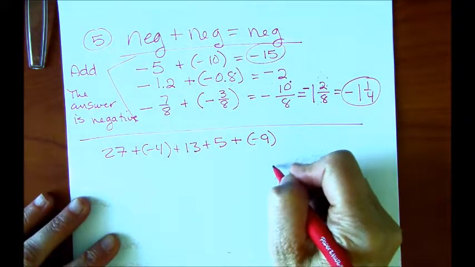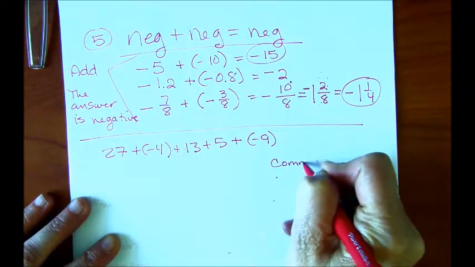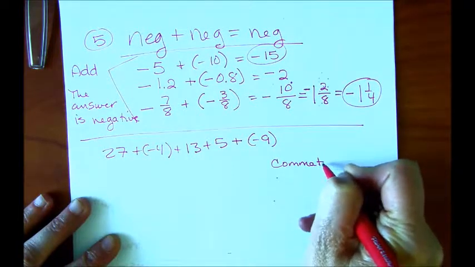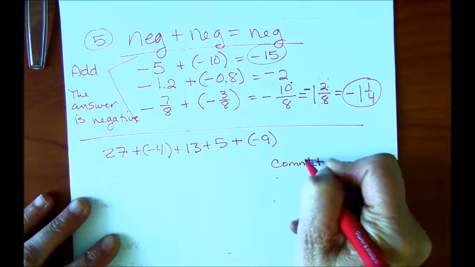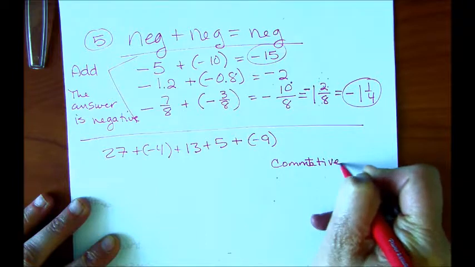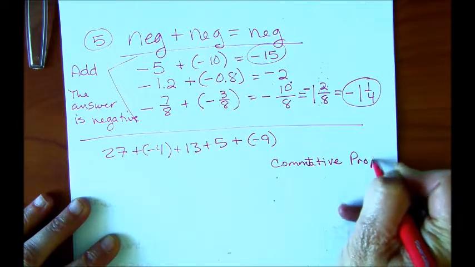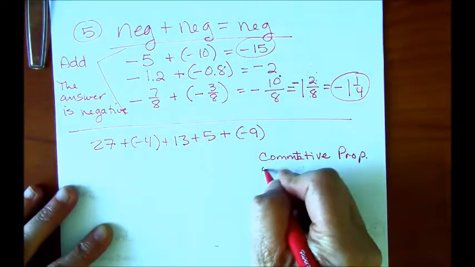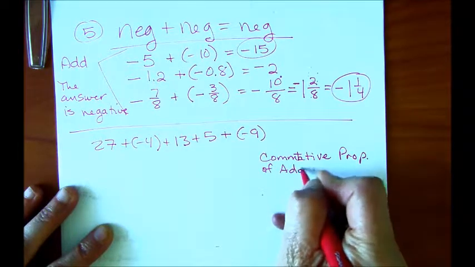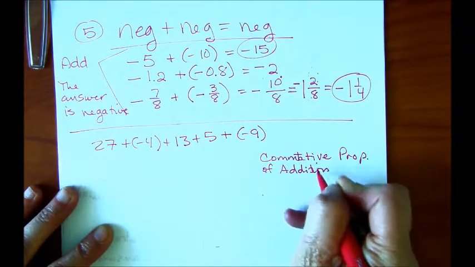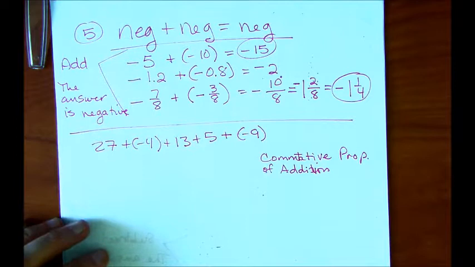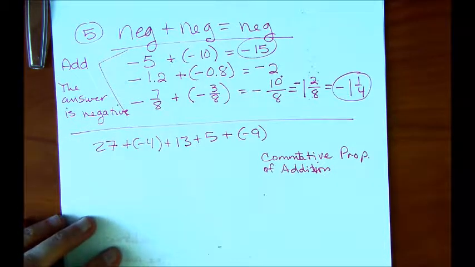The first one is called the commutative property of addition. And basically that means order does not matter when you're adding.